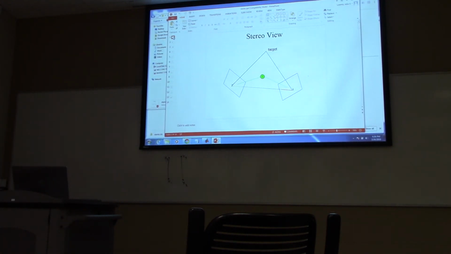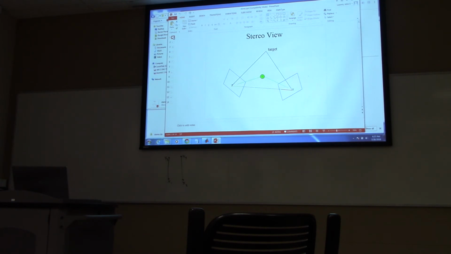Are they going to intersect perfectly in the real world? No, because when you look at the point on the camera, there's distortion and there is error in determining exactly the image coordinates of the point, so it's not going to be perfect. So instead of expecting it to intersect, we're back to the same thing we did with our vanishing points.